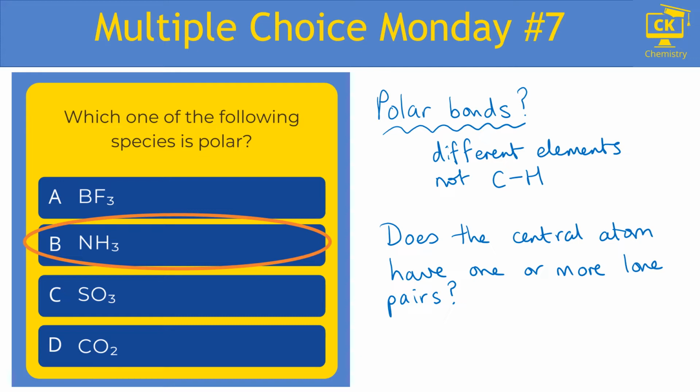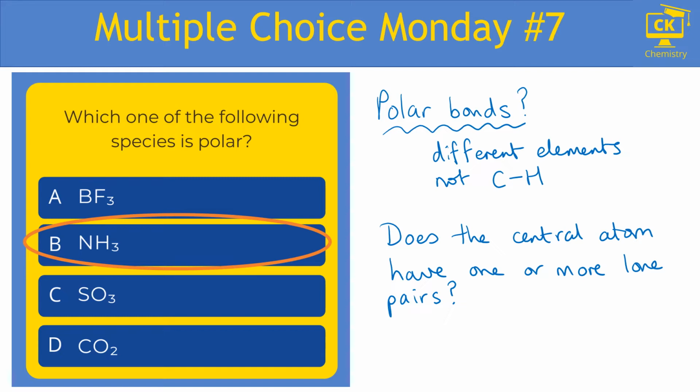So how do we decide whether something has lone pairs or not? Do we have to sit and draw the dot and cross diagrams? Well, we can, and it may be that dot and cross diagrams don't take you too long, but actually this next method I'm going to talk about is going to help you with your dot and cross diagrams anyway if you don't already use this method.